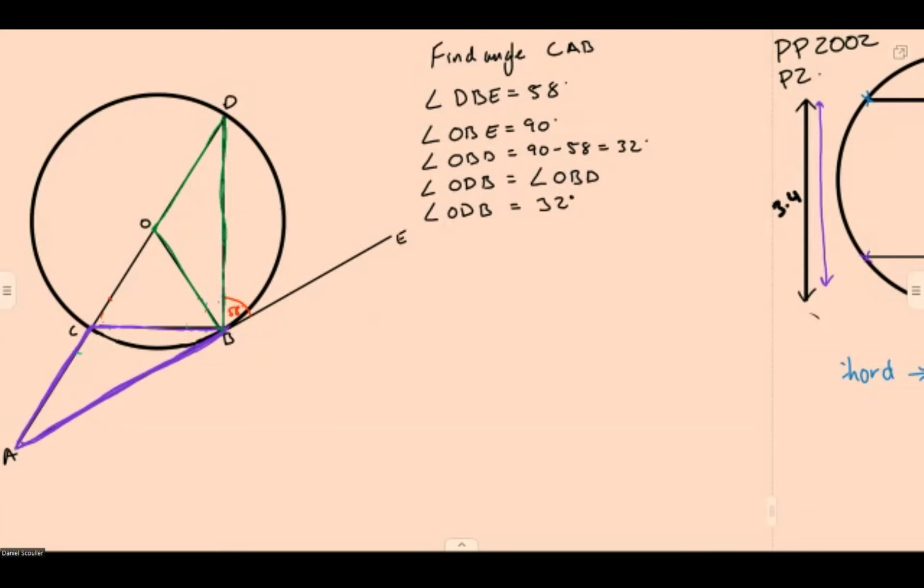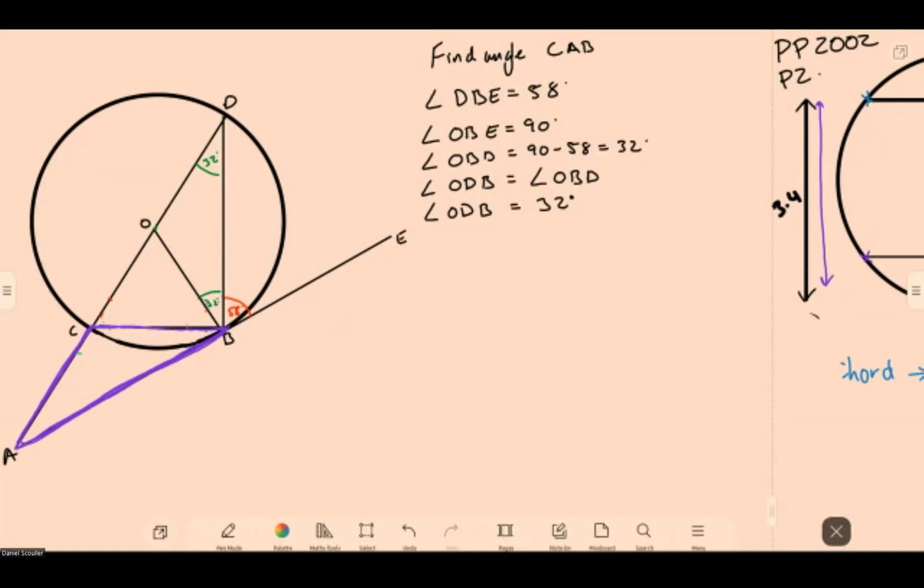So that's the triangle that I'm looking at there. That means angle OBD is equal to the angle ODB. So I've got that angle in here now, which is 32, which is the same as this angle.